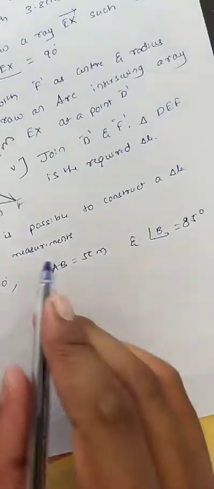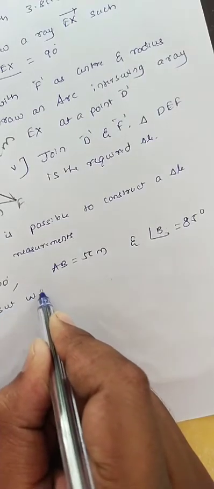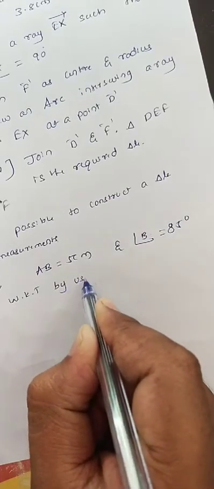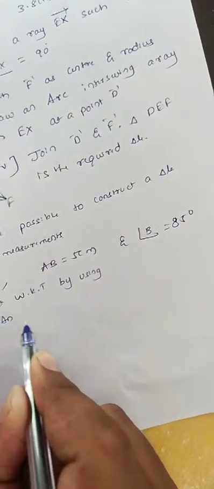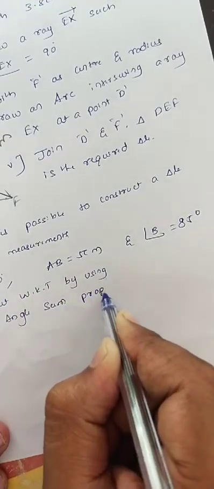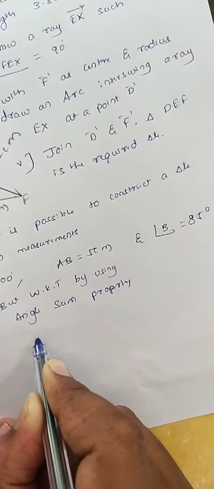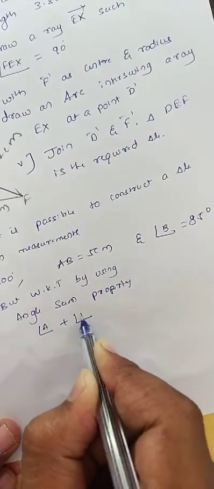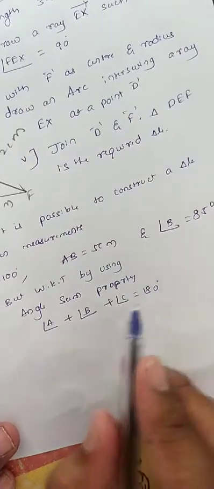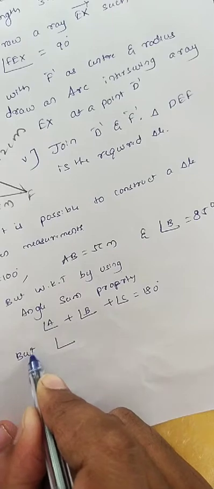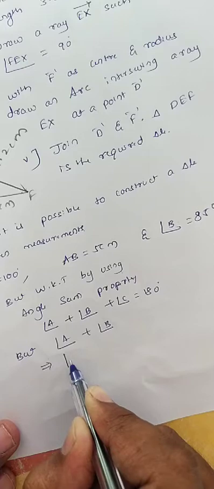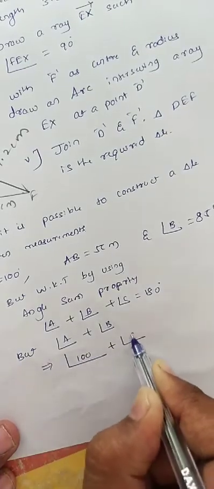But we know, by using the angle sum property, which 7th standard students know, that angle A plus angle B plus angle C is equal to 180 degrees. But angle A plus angle B is 100 plus 85.